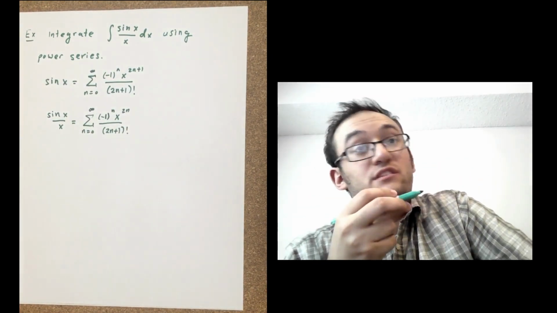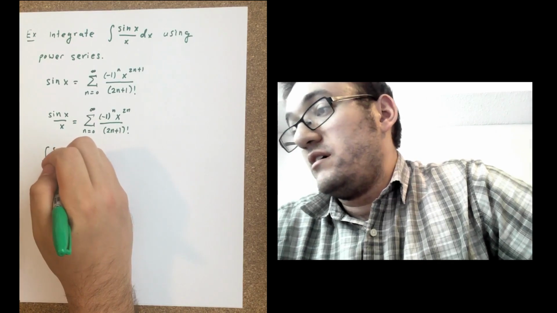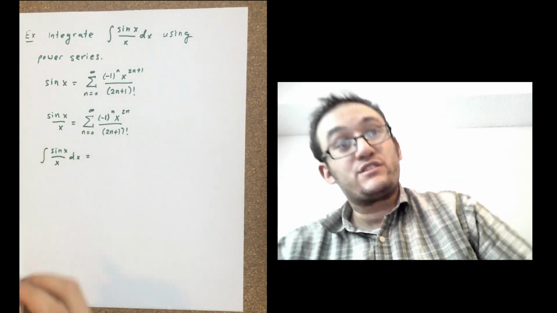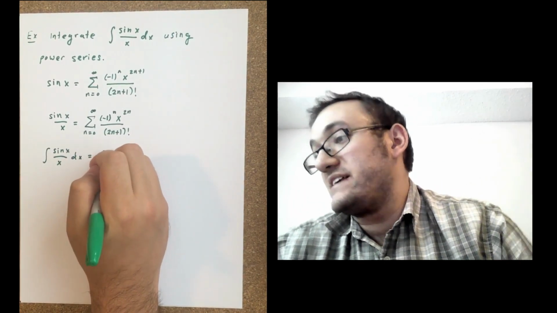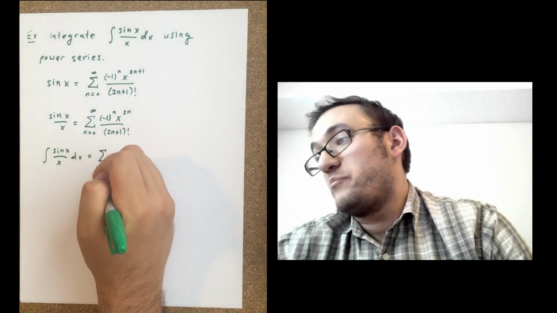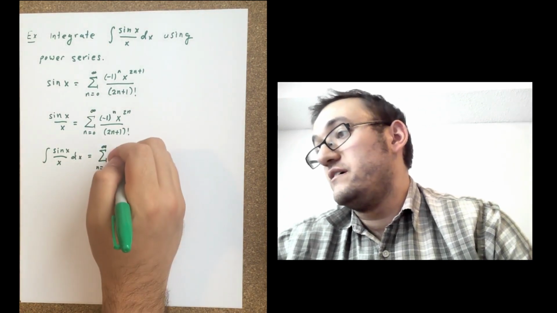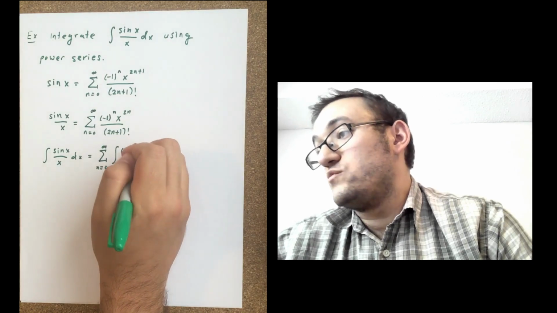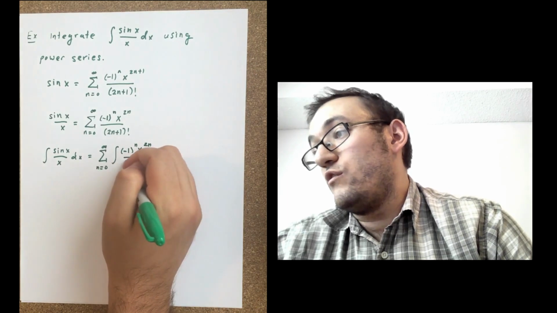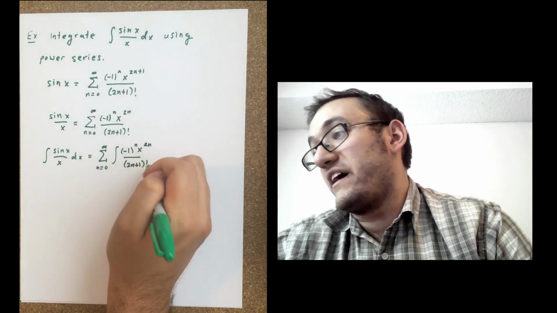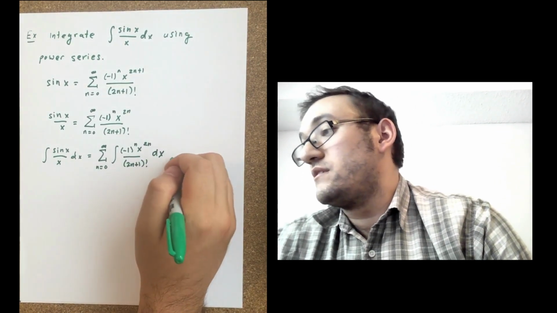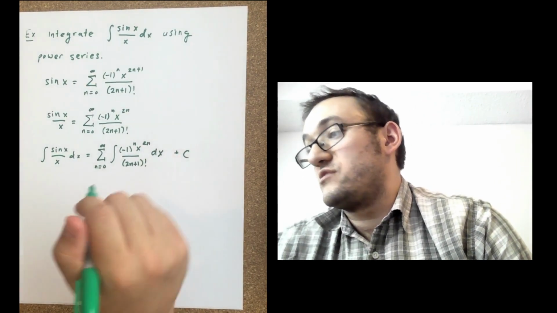And if we want to integrate the integral of sine x over x dx, well, we can integrate term by term, as we did in the last section. So we'll get the power series, the sum from n equals 0 to infinity of the integral of (minus 1)^n x to the 2n over (2n plus 1) factorial dx. And then we'll get a constant term as well.